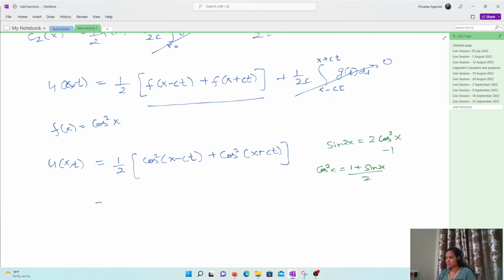Right? So this can be written as 1 by 2 [1 plus sin 2x minus 2ct over 2 plus 1 plus sin 2x plus 2ct over 2].